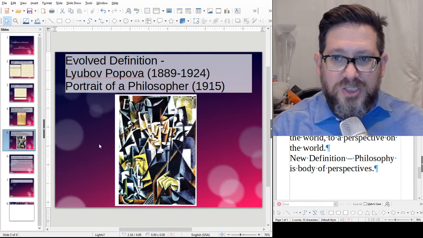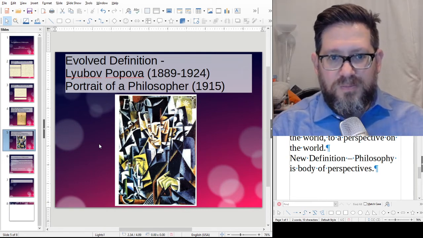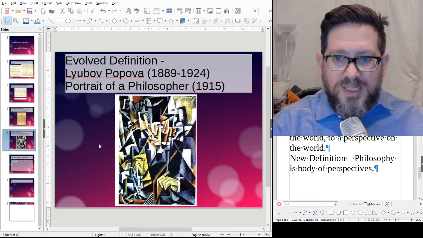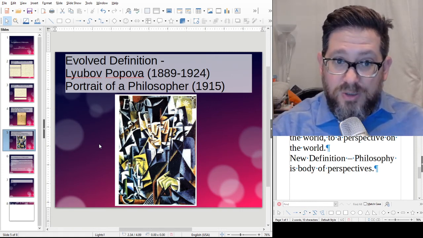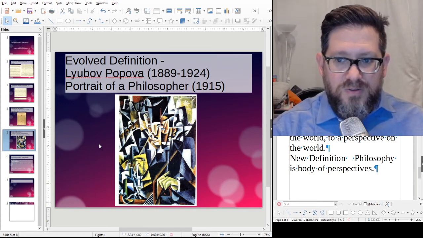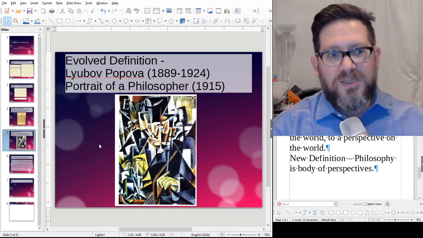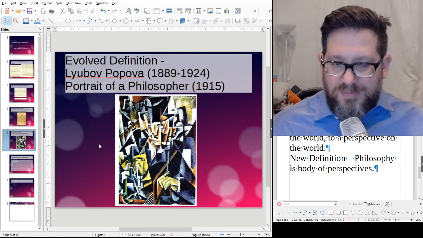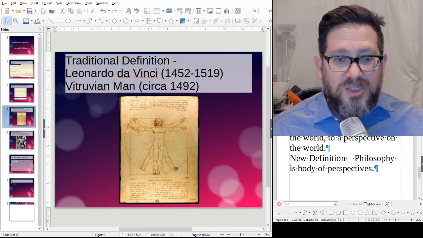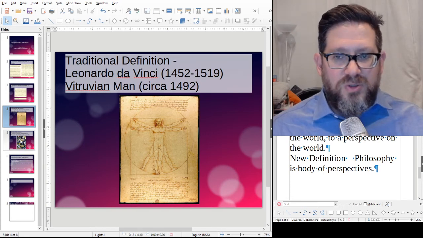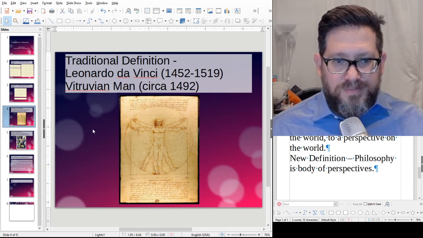This is the new picture of a person that tries to capture, not just one perspective, not that ideal perspective of Da Vinci, which is straight on, and then maybe slightly turned, but very much one perspective.